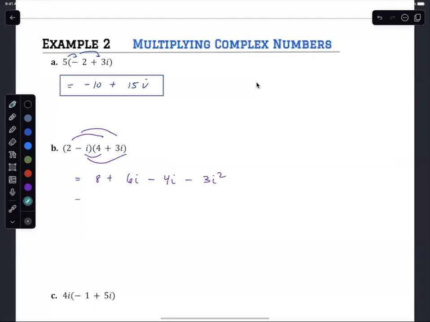We can combine like terms right here, so 8 plus 2i. But then i squared, since i is equal to the square root of -1, that implies that i squared is equal to -1. So this is the same thing as -3 times -1, which becomes positive 3. 8 plus 3 is 11. So this just becomes 11 plus 2i.